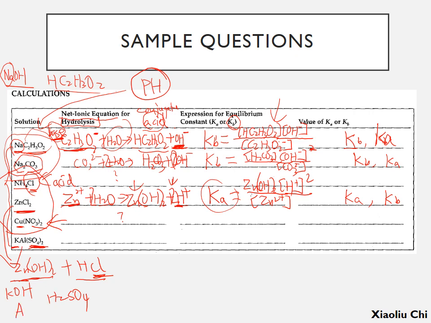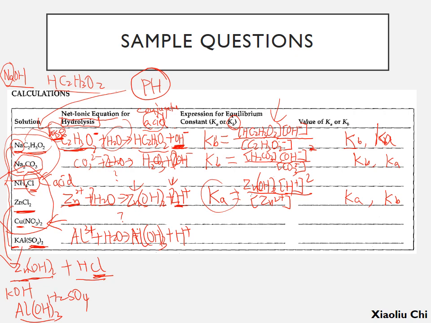But aluminum does. Aluminum comes from aluminum hydroxide, so that's a weak base. It's not in our list of the strong bases, and so you should write aluminum 3 plus plus water hydrolyzes back to aluminum hydroxide plus hydrogen ion.